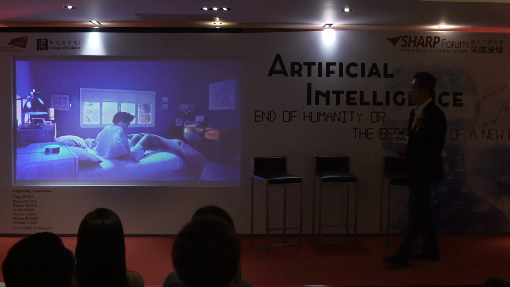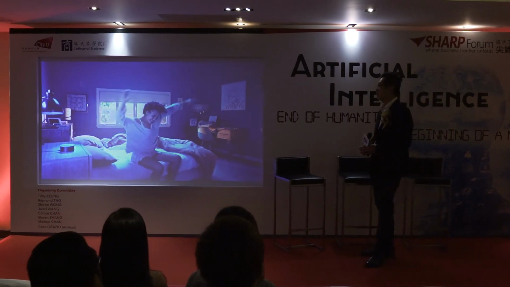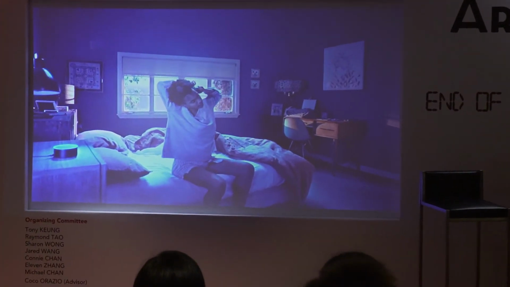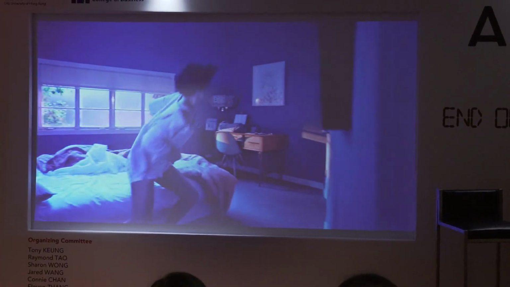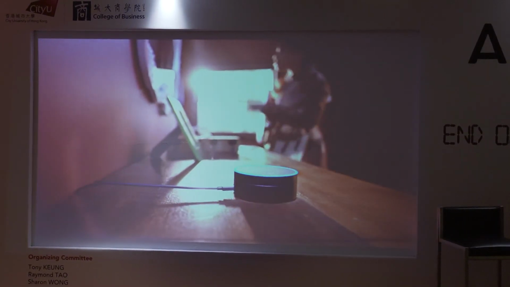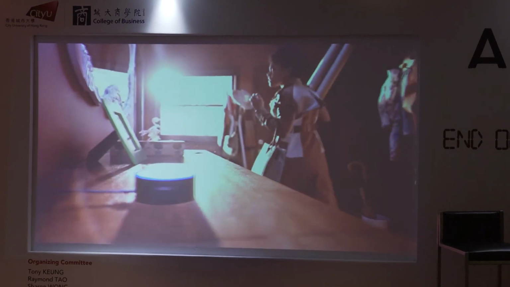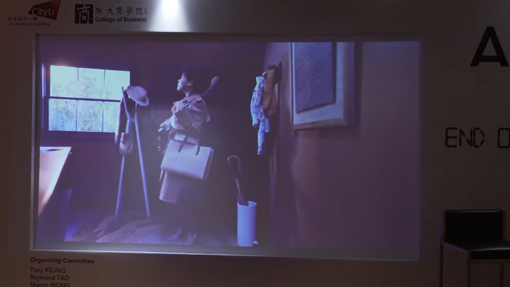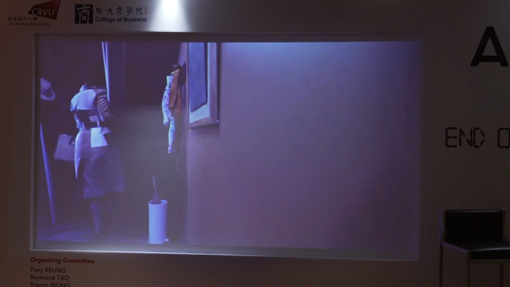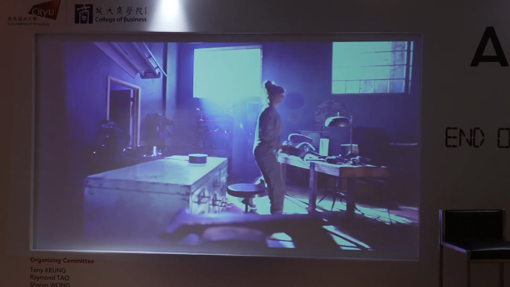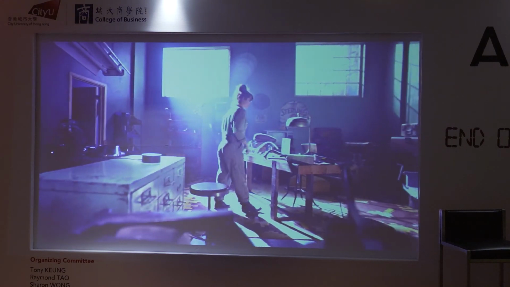Alexa, alarm on. Alexa, who's on the calendar today? You have 12 events scheduled. Alexa, call me Uber. Your Uber will arrive in 2 minutes. Alexa, what's the weather like today? There's a 100% chance of showers. Alexa, pair my Bluetooth speaker. Okay, paired.